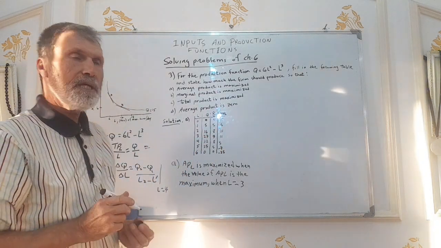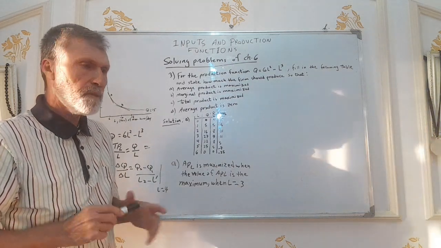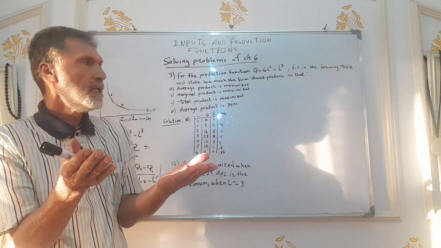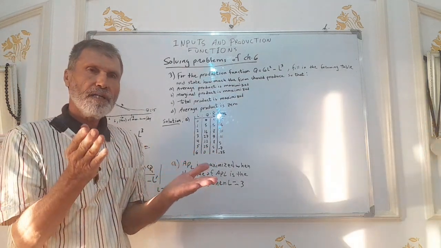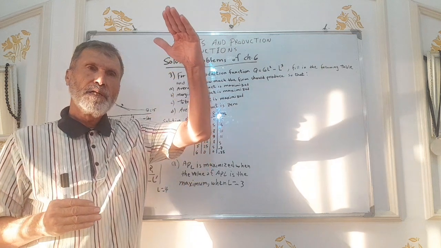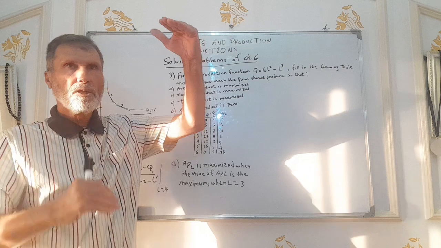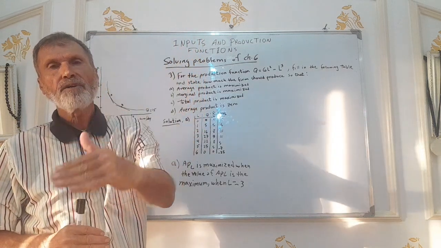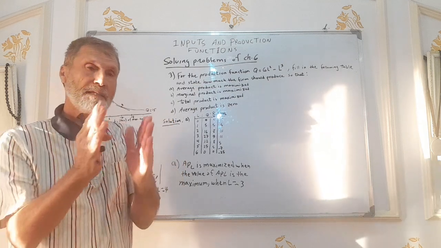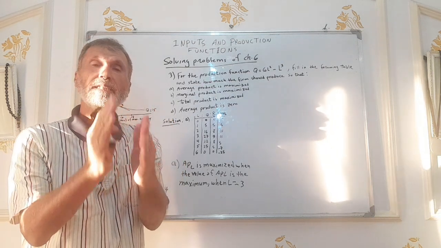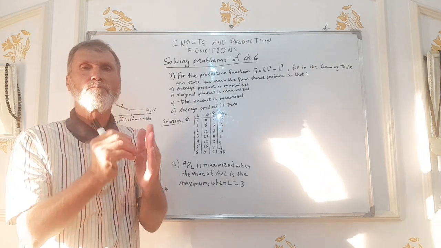Now, we can use a certain concept. Remember the relationship between average product and marginal product. It is very clear. When the marginal product of labor is above the average product of labor, average product of labor is increasing. When the marginal product of labor is below the average product of labor, then average product of labor is decreasing. And the average product of labor is maximized when the average product of labor is equal to the marginal product of labor.